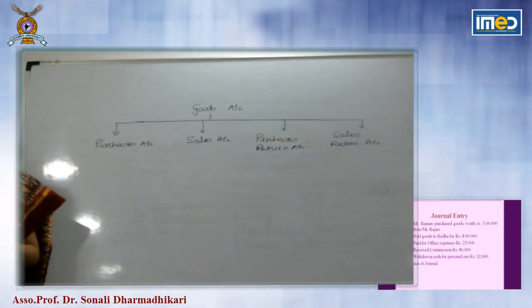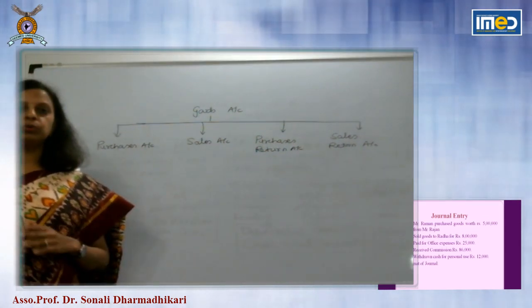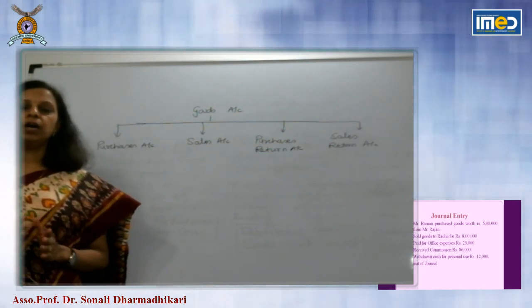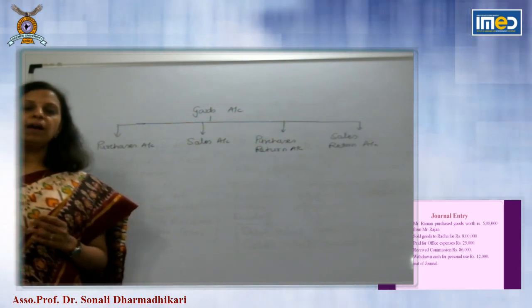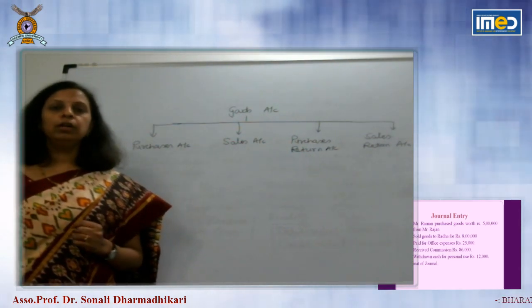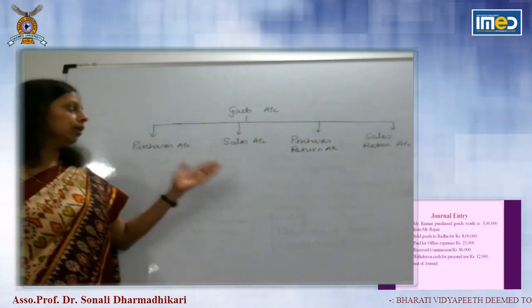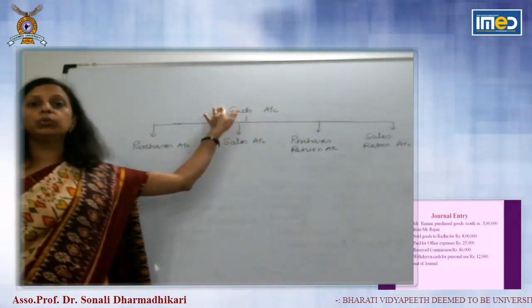When you say business, you always purchase goods, sell goods, everything related to goods, you have to carry out the transactions. Now, suppose you want to know what purchases were made. You will not be able to locate them if you are passing entries with goods account.